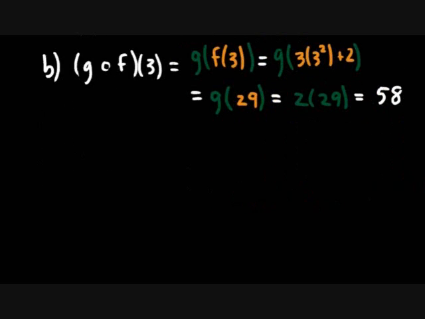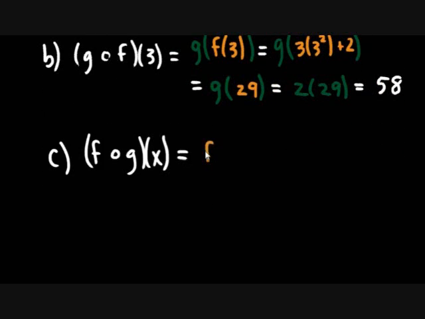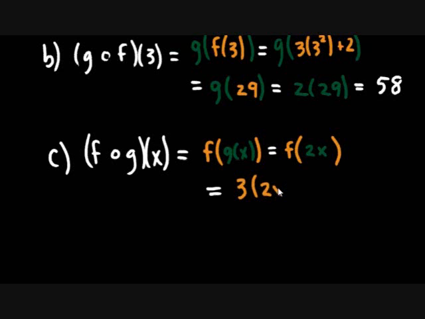For part C, we have f of g of x. So g of x is going to be put into our function f. So g of x is also the same as 2x, because they're equal. So we can put 2x into f. So we have f of 2x, and we have to treat 2x just like a regular variable. So we're taking this thing and putting it into our function f, and all we have to do is plug it into the spot it's supposed to fit.